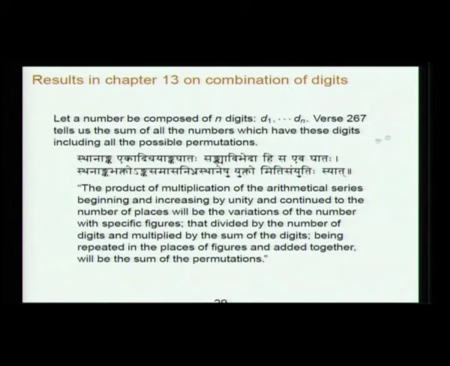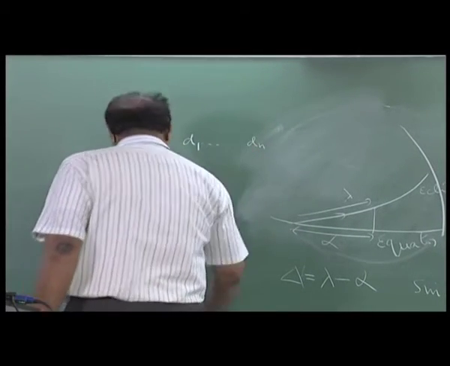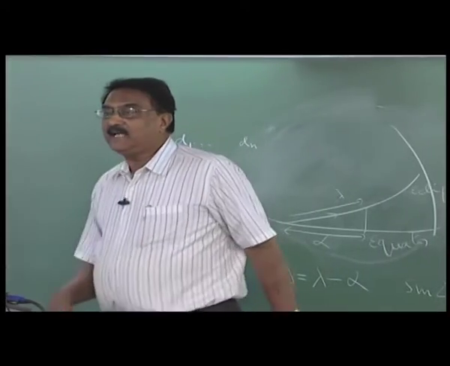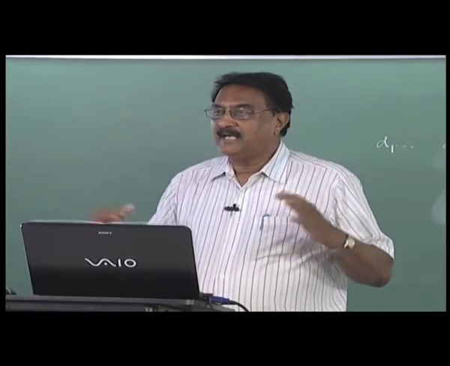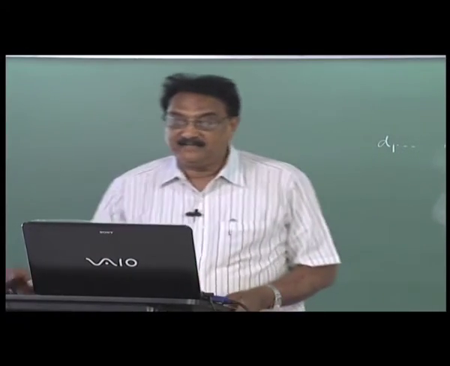But now he is saying, suppose you have these digits d1 to dn. You take all the permutations and get all those numbers, and then what is the sum of all of them? That is what he is talking about.